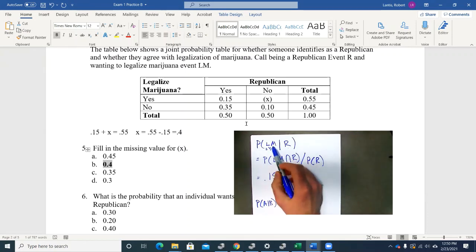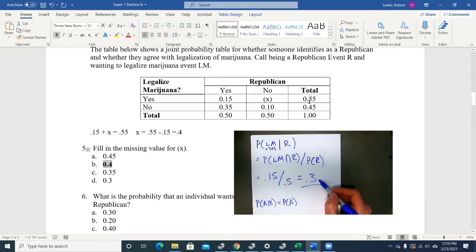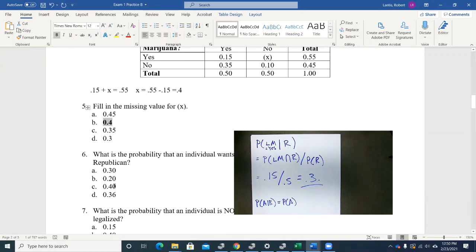So if the probability that somebody wants marijuana legalized, knowing that they're a Republican, is the same as having no information, just the probability they want marijuana legalized, which we can see is 0.55. Well, those aren't the same, right? Those aren't the same thing. So we automatically already know these aren't independent events. Okay? We'll talk about this again in one of the problems later on, but once we have a conditional probability, it's pretty easy to check if they're independent. Okay?